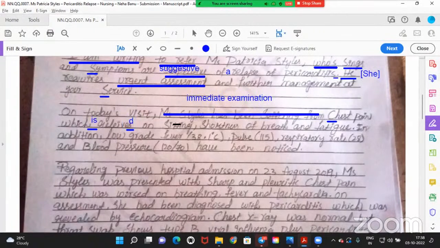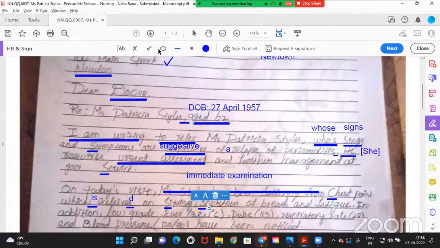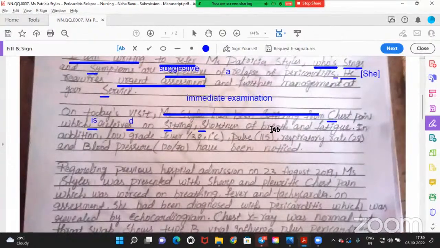S, a small letter is required. Why did you write capital letter? Come on, shortness of breath. Why capital letter? Shortness of breath and fatigue. You don't know the difference between capital S and small s. This is capital S and this is small s. So you can see the difference. When you are writing capital letter, when you are writing small letter, you have to see.